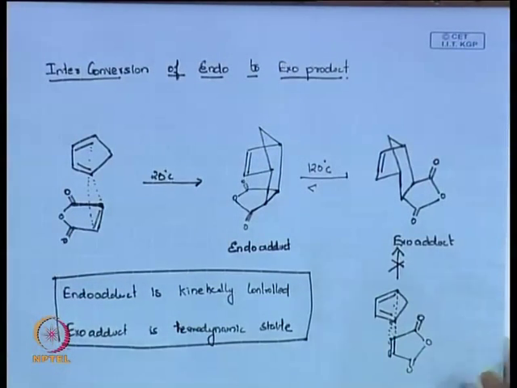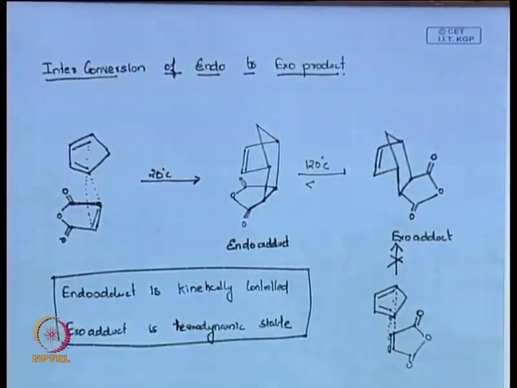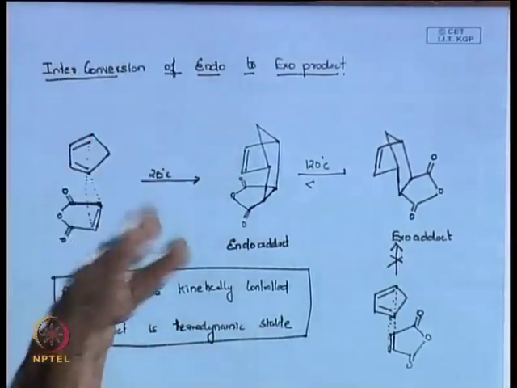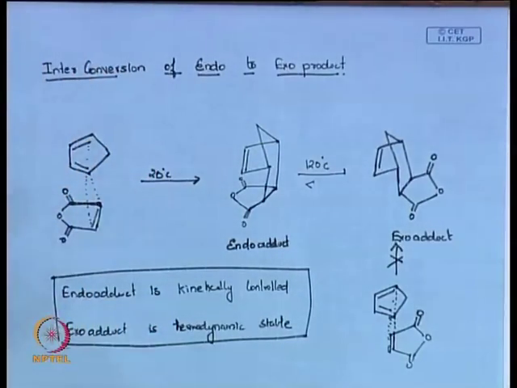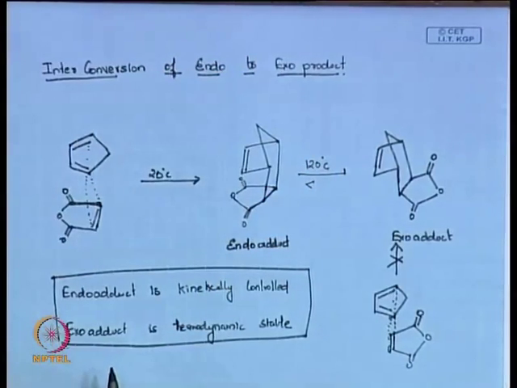That is a very interesting point to know about your exo and endo. Endo is kinetically favored because the transition state is stabilized. The reaction wants to give you the endo, but once you heat, endo gets flipped to exo, saying that exo is the thermodynamically stable one. Clear?